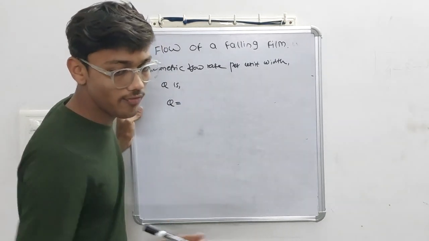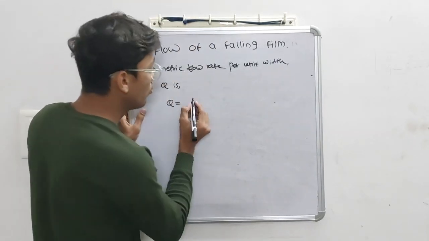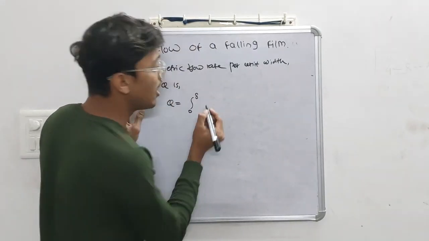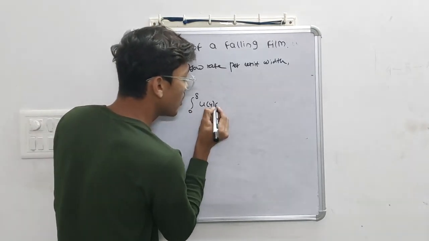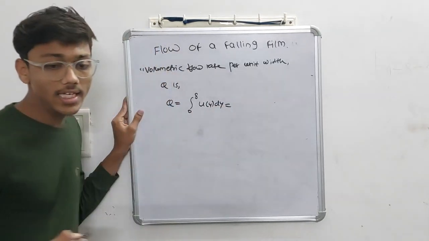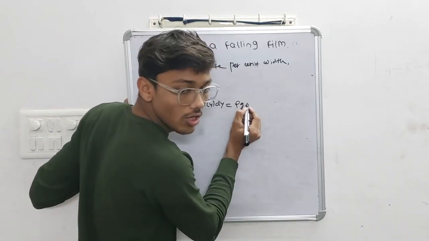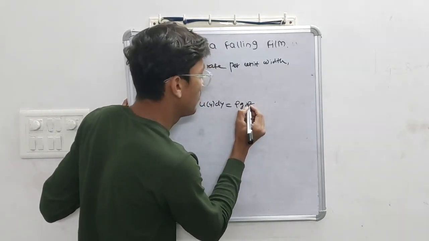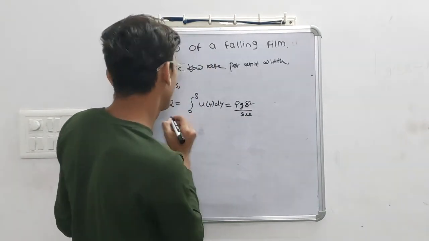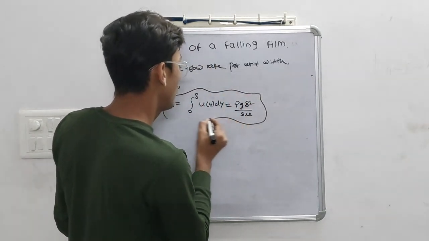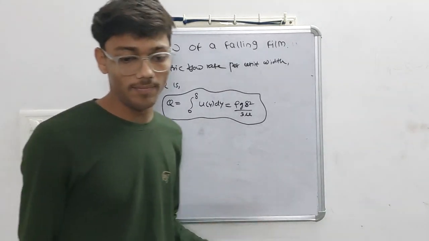Q is the volumetric flow rate per unit width. Q equals the integration from 0 to delta of u(y) dy, which equals rho g delta cubed by 3 mu. This is our volumetric flow rate equation.